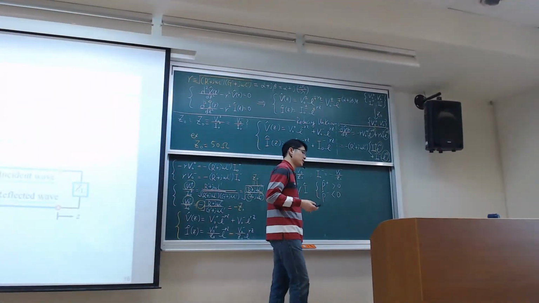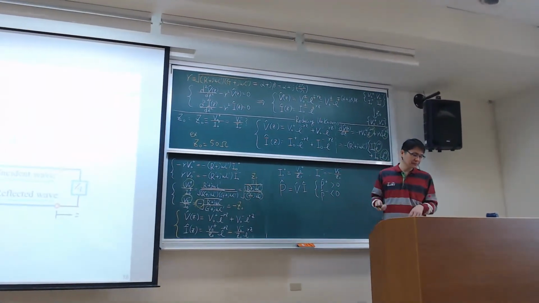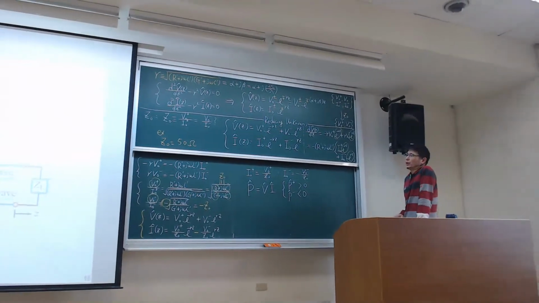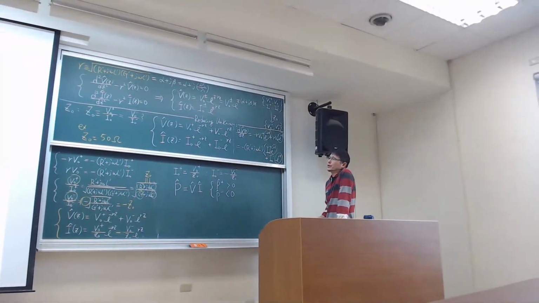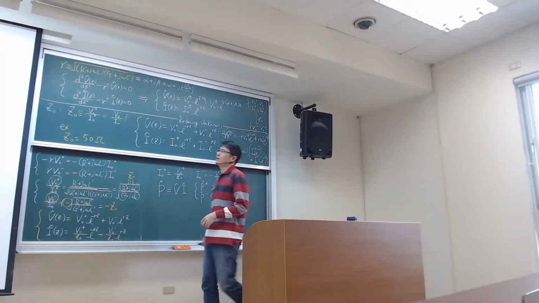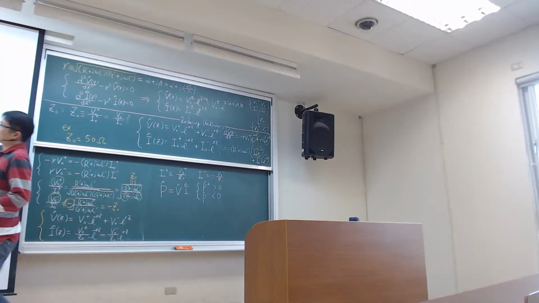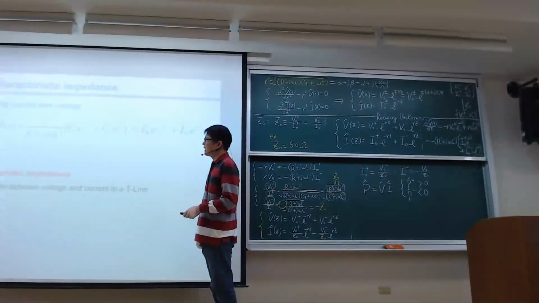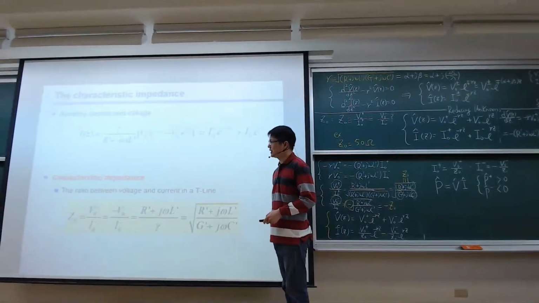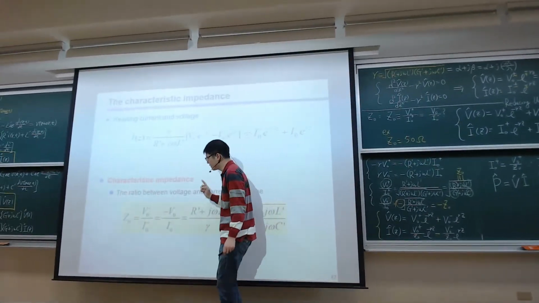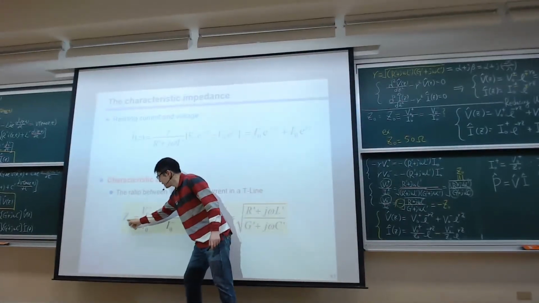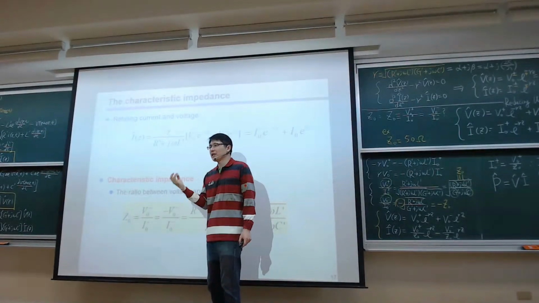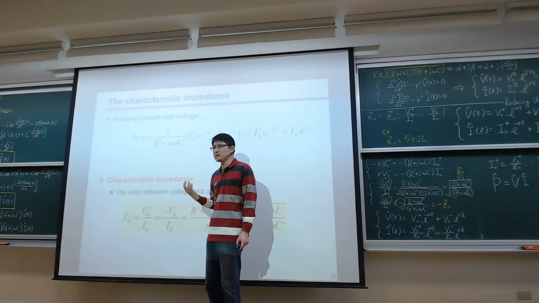The power you cannot use. All right, so up to now, we are very happy. So through this relationship, after introducing characteristic impedance, remember again, it is the parameter intrinsic to the transmission line.